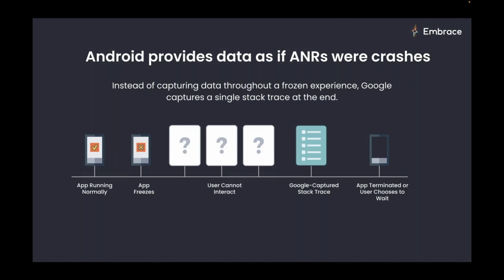And that might go on for 5 or 6 seconds, let's say. And at that point, the Android OS will capture a stack trace of the main thread, and the app will eventually be terminated, or the user can choose to wait. But the problem with that is you only really get the insight into the very end of what's happening at an ANR, and you don't really get the initial cause of it.